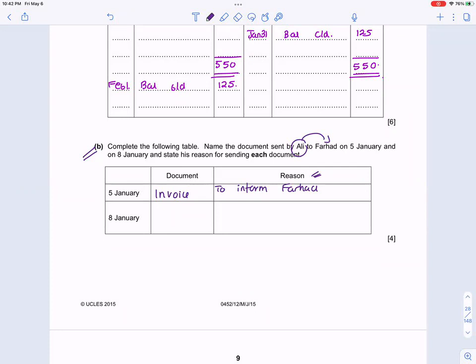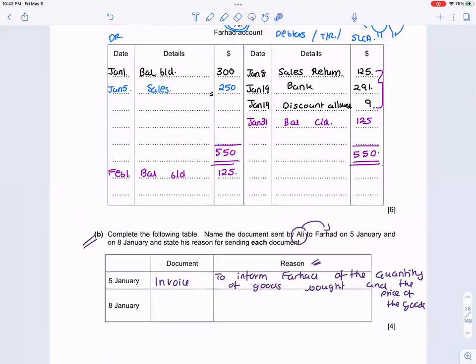Invoice is for credit sales. Whenever you do credit sales, you give an invoice. So it acts as proof, to inform Farhad of the quantity of goods bought and the price of the goods.